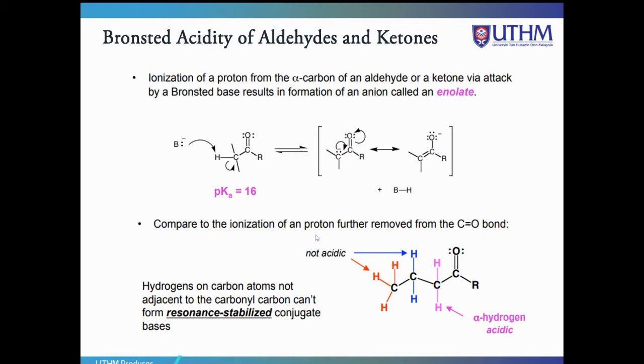Compared to the ionization of a proton further removed from the C=O bond, the H here represents a not acidic hydrogen, whereas the hydrogen represented by the purple color here, which is referred to as alpha hydrogen, is acidic. Hydrogen on a carbon atom adjacent to the carbonyl can form resonance stabilized conjugate bases.